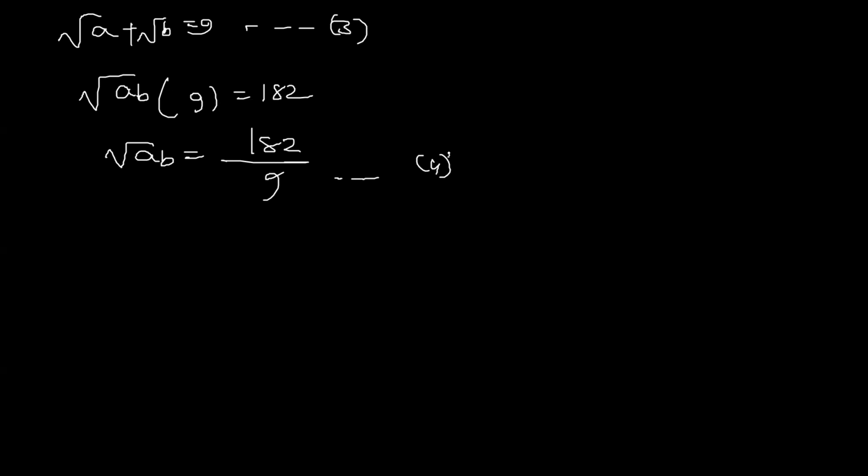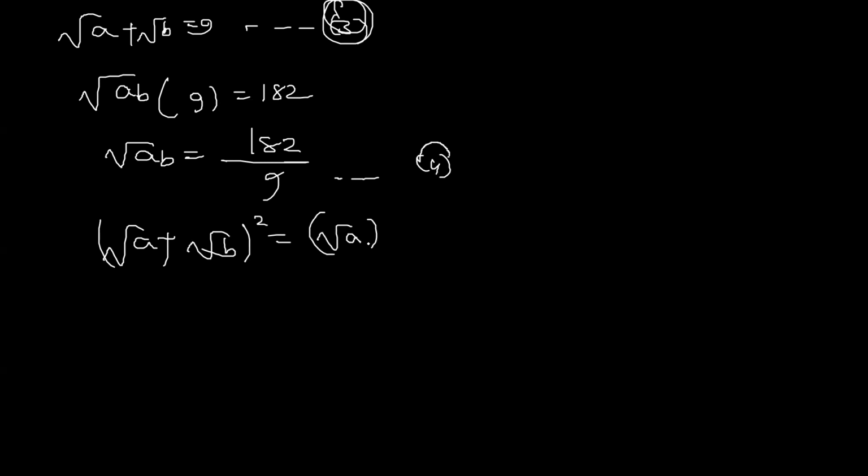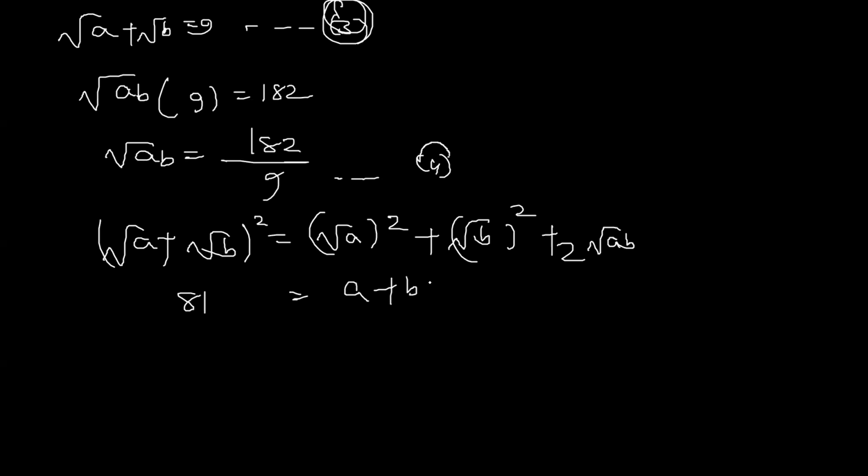Now from this equation 3 we can get that (√a + √b) whole squared is equal to (√a)² + (√b)² + 2√(ab), and we know (√a + √b) whole square is equal to 81, which is equal to a + b + 2 times √(ab).